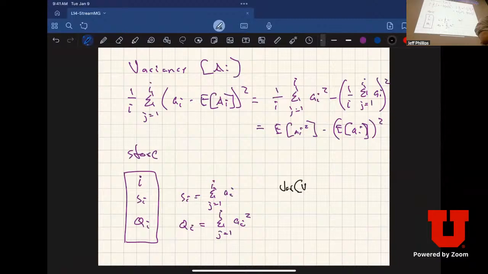Then I can recover the variance of A_i, which is going to be Q_i divided by I minus S_i divided by I, quantity squared.